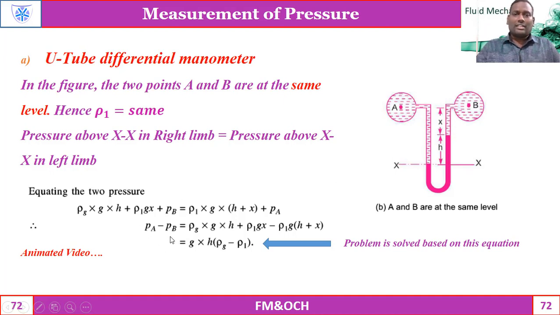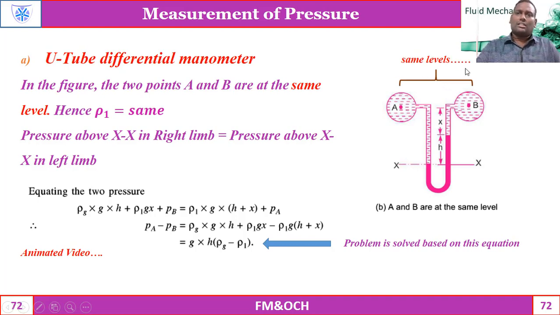The final equation for PA minus PB is g into h, where h is the difference of mercury level, into the density of the heavy liquid or mercury minus the density of the liquid. Here an animated video will be shown to give more details.